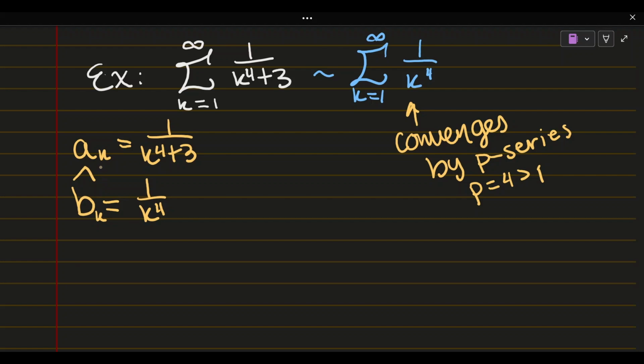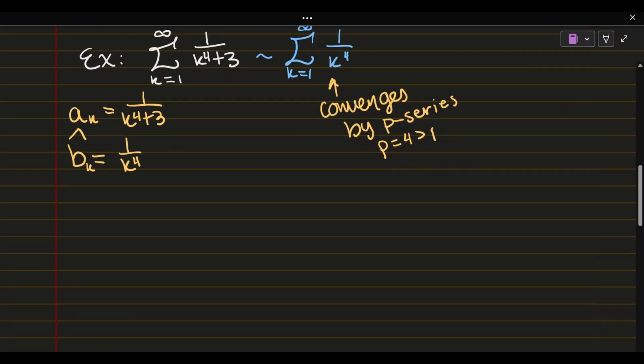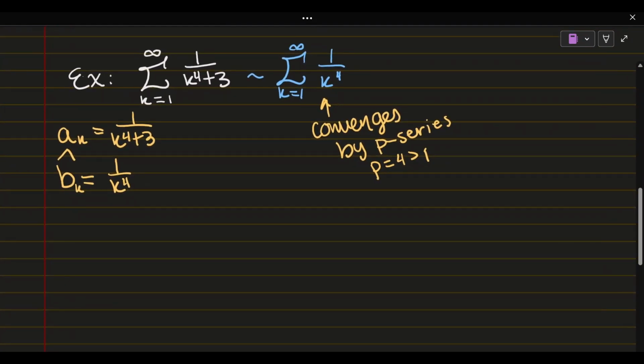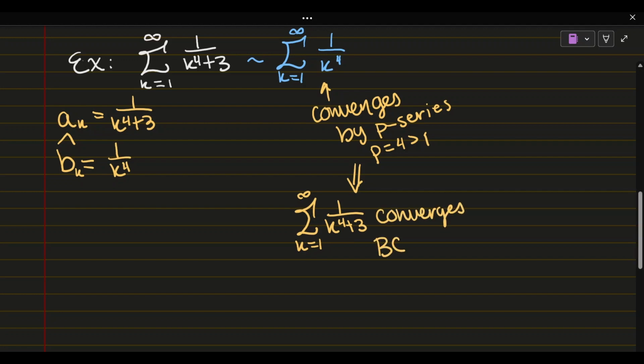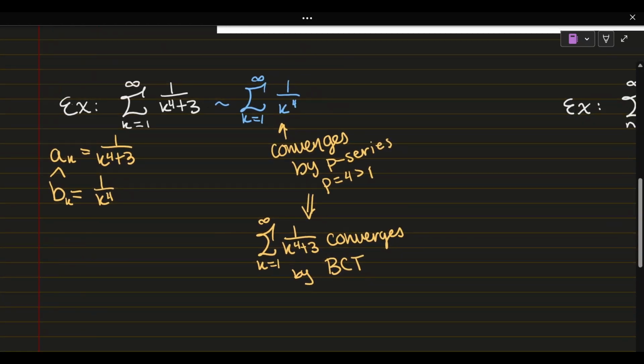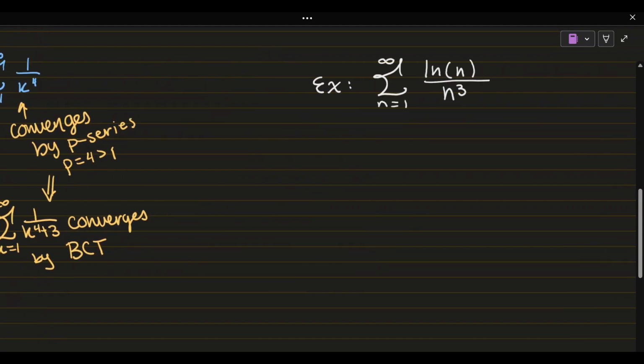So the basic comparison test will work. Because this converges by p-series, I know that the sum from k equals 1 to infinity of 1 over k to the fourth plus 3 converges by the basic comparison test. Okay, so it's just a little exercise in logic there.